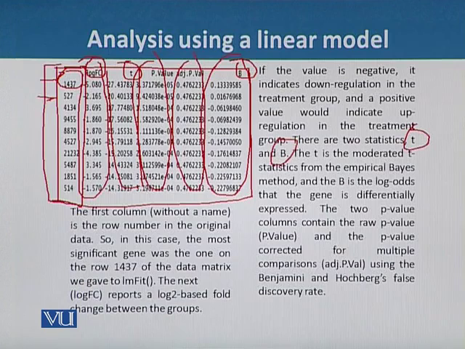So by using these different columns, we can analyze the data after normalization and quality check. So after analyzing the data, we can clearly see that some genes are upregulated and some genes are downregulated.